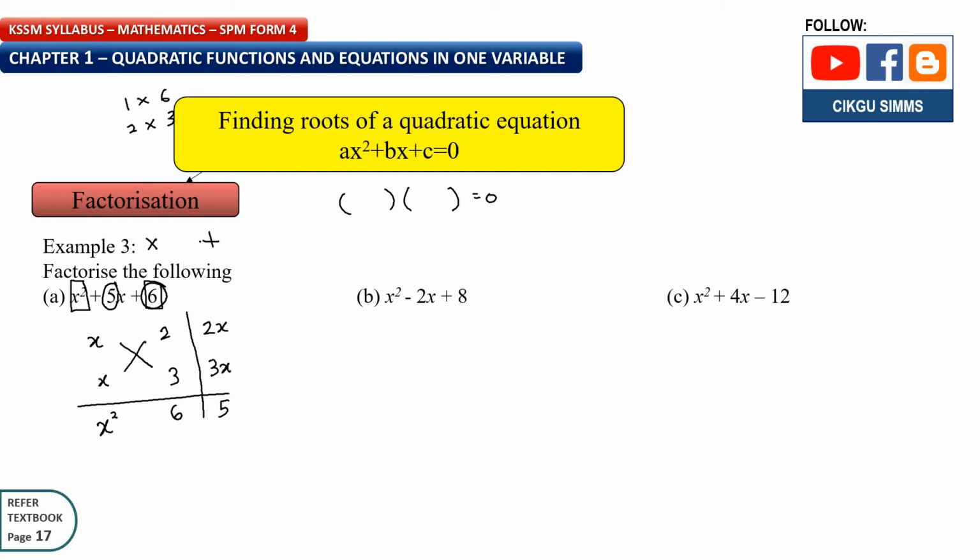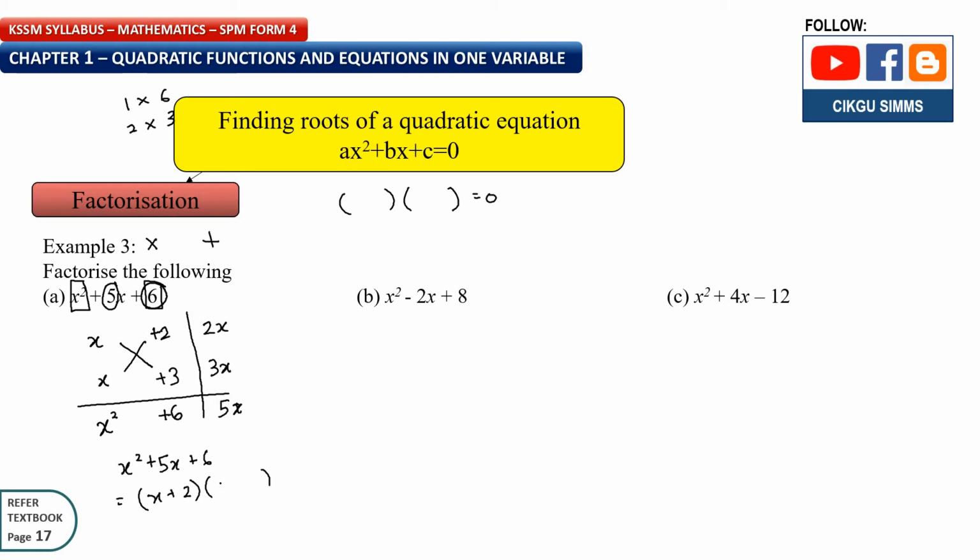And in this row you need to plus. So 2x plus 3x, you get 5x, which is the middle term. That means this is correct. Plus 2 times plus 3, you get plus 6, and x times x, you get x squared. So your factorization, this is the question, right? You will get two brackets. The first bracket, you put x plus 2.